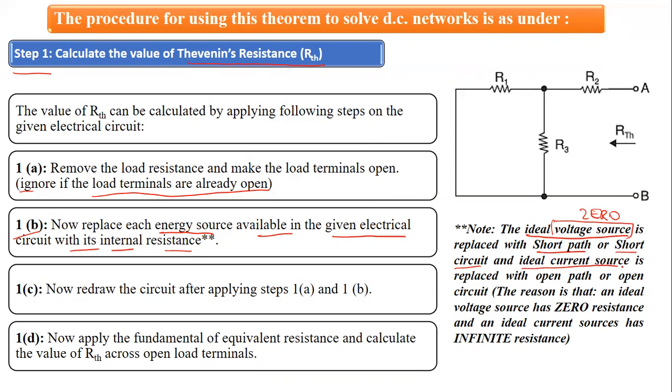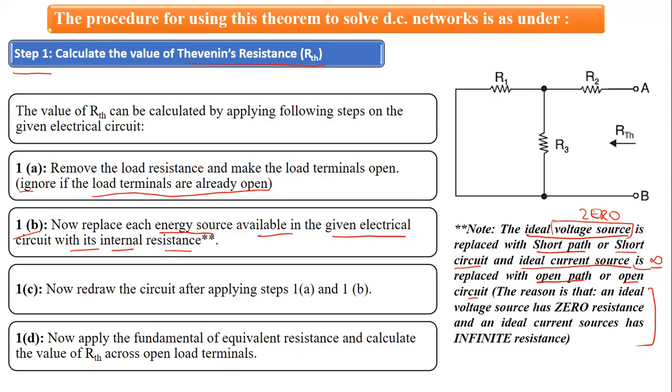And the ideal current source, which has infinite resistance, is replaced with an open path or open circuit. Okay, so the reason is also explained here. So we have replaced the energy sources with the resistances. We have opened the load terminals.